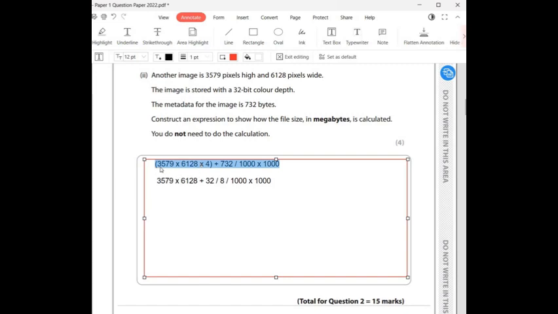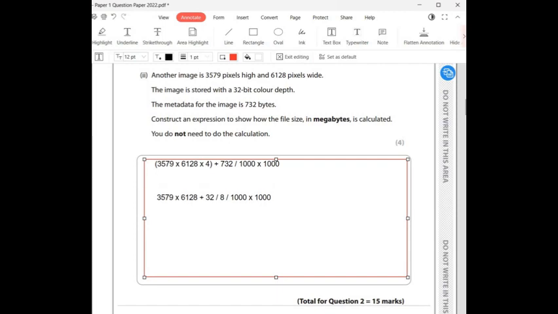So 3579 times 6128 times 4, brackets, and then plus 732 divided by 1,000 times 1,000. That is how I would say it.